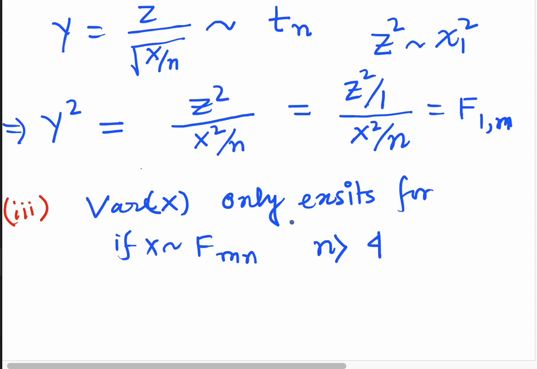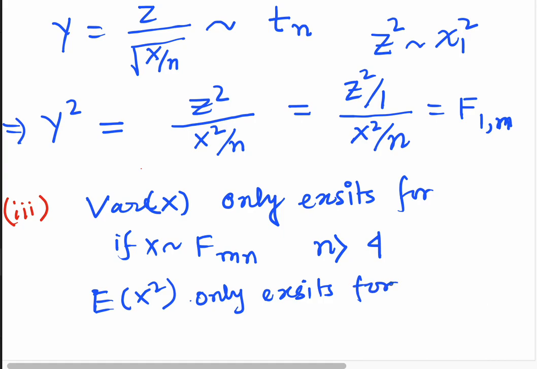So that means if the variance exists, the expectation of x square only exists for n greater than 4. So that means the third statement is also correct.